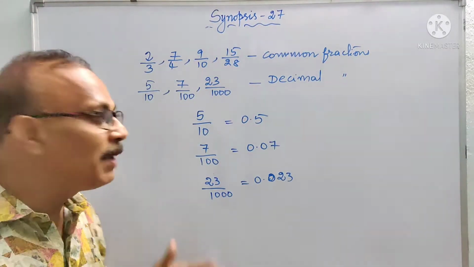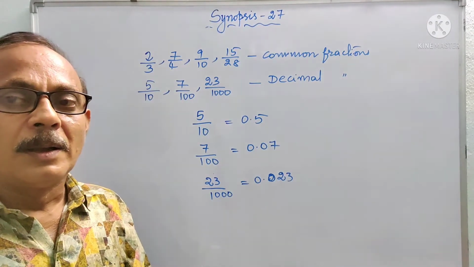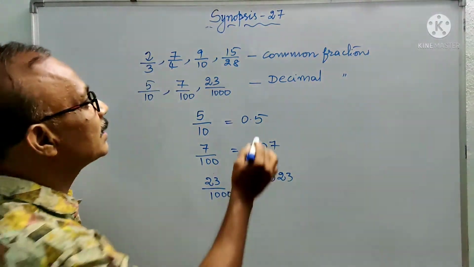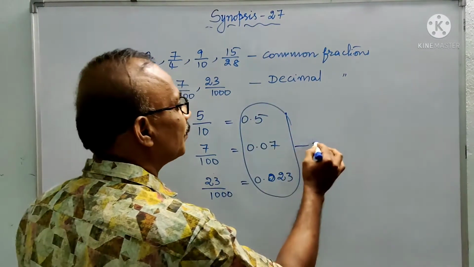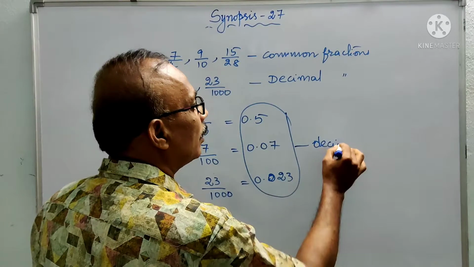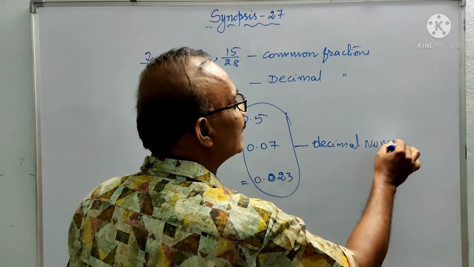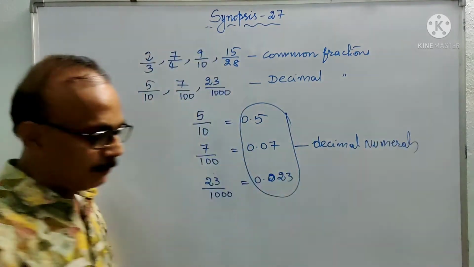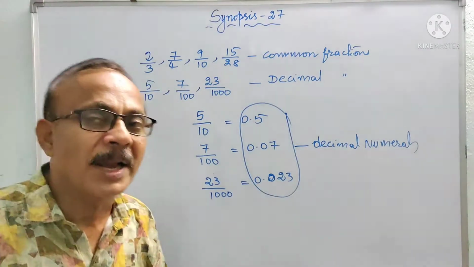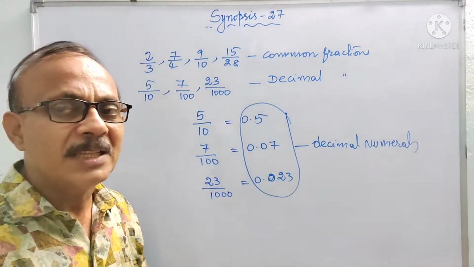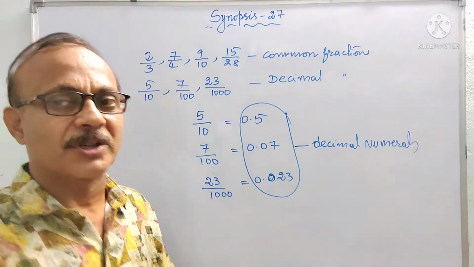So writing decimal fractions like this is possible. Then these are all called decimal numerals. So when a decimal fraction is written in this form, we call it a decimal numeral. If it is in the form of a fraction, we call it a decimal fraction.